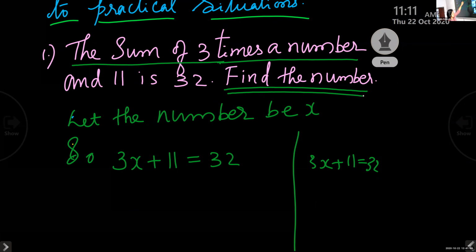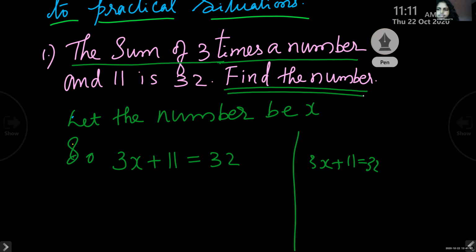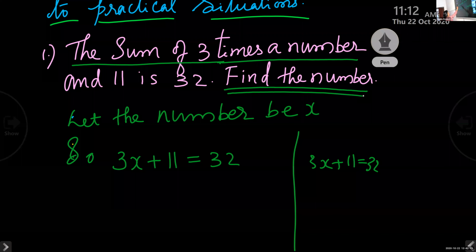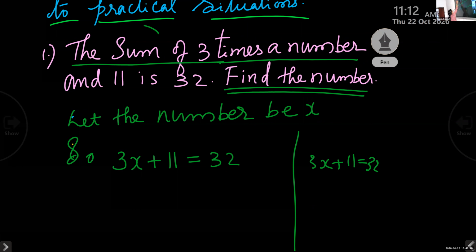So our number is x. 3 times the number means 3x. 3 more than means x plus 3. 3 less than means x minus 3. It goes on like that. Sum of is the keyword; when you read that, you can understand easily. Sum of means just add both. Now solve it.